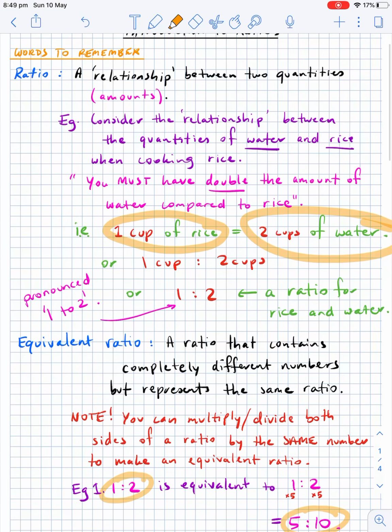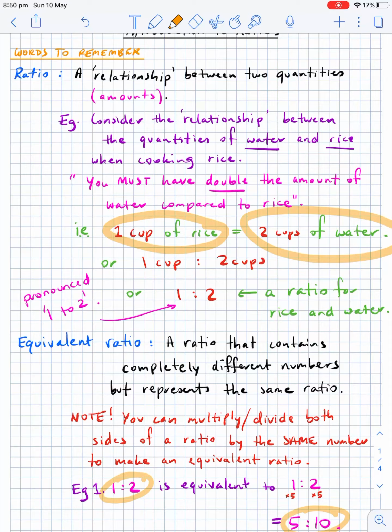Okay. So the next word that we need to understand is what an equivalent ratio is. It's a ratio that contains completely different numbers but represents the same ratio. Note, you can multiply or divide both sides of a ratio by the same number to make an equivalent ratio.